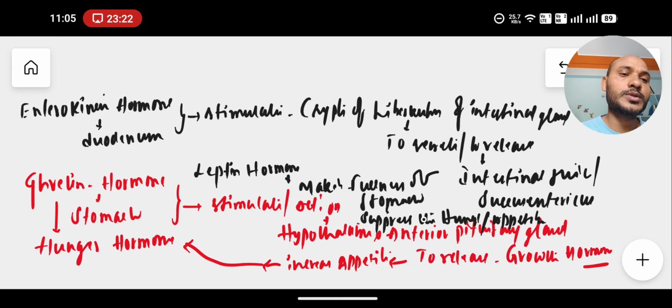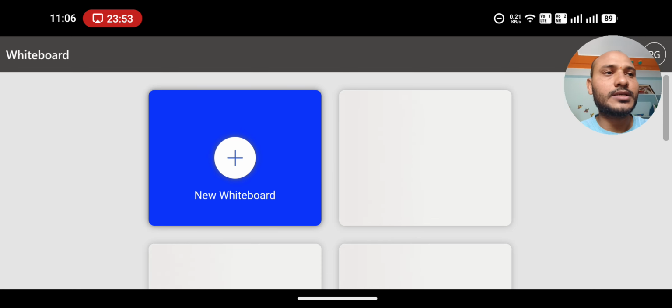Who promotes the hunger or appetite? Ghrelin, which is quite opposite to the leptin hormone. So leptin creates the fullness of stomach, hence it suppresses the appetite. So this is all about the various gastrointestinal hormones, their sources, their targets and their important roles in the GI tract.